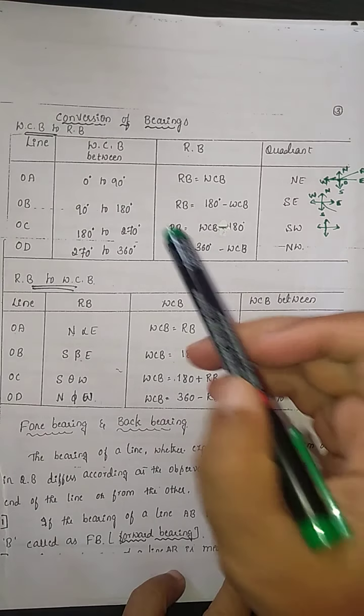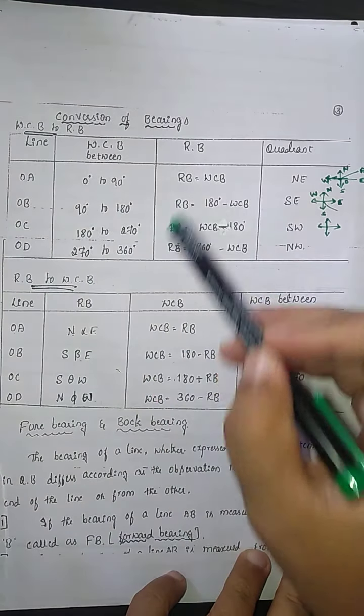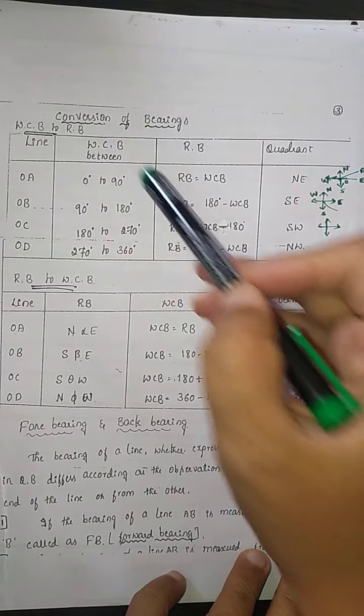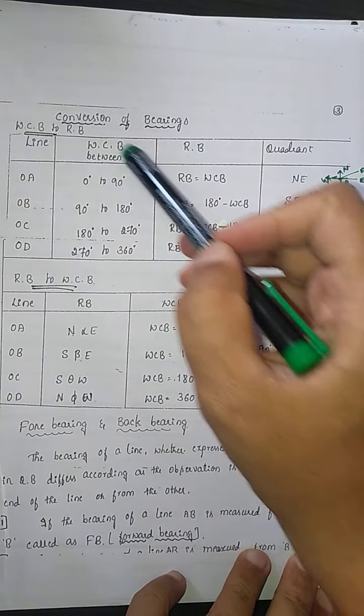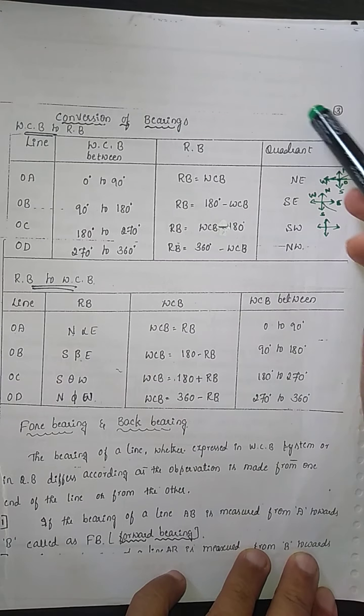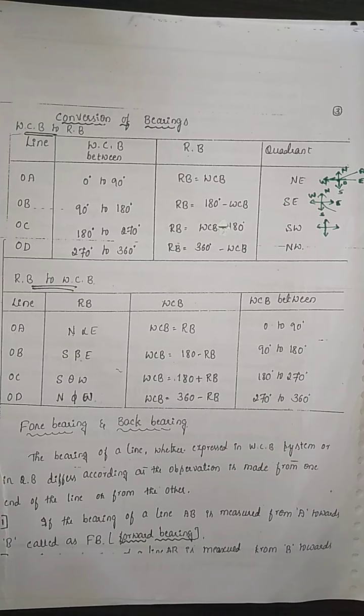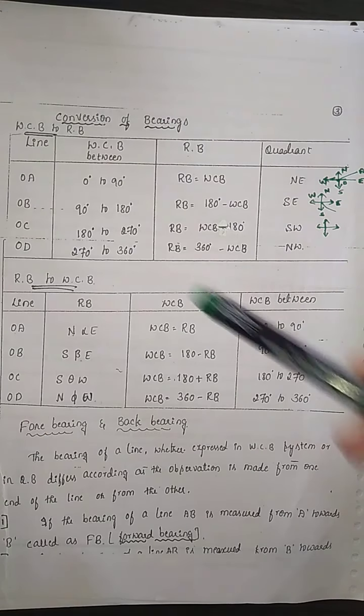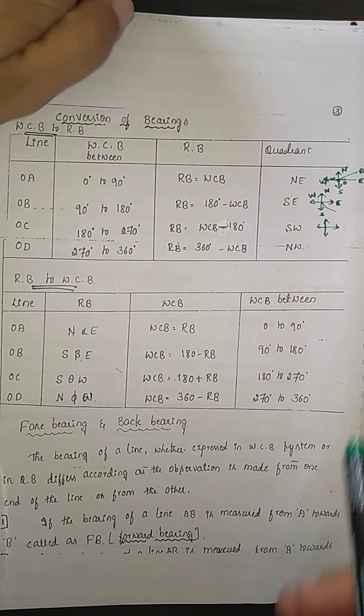Here, in whole circle bearing to reduced bearing, we are going to convert the angle from 0 to 360 degrees into northeast, southeast, southwest, and northwest. So in order to bring it to this mode, you need to use certain formulas. Now let us discuss the formulas.